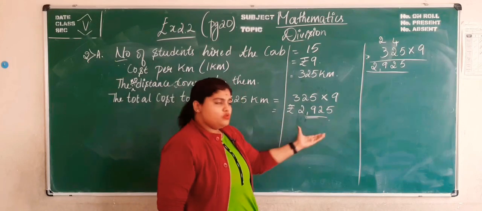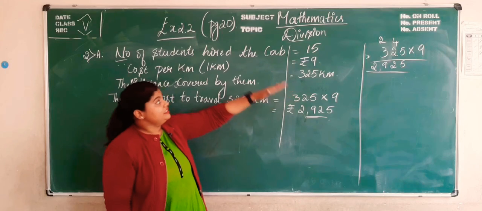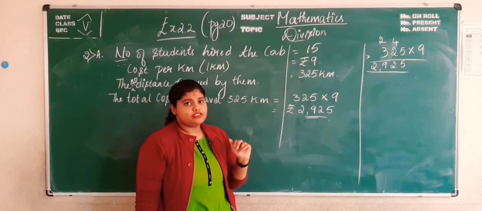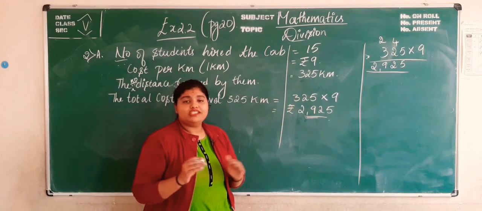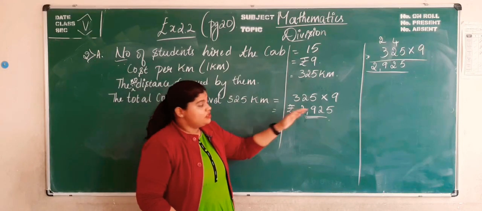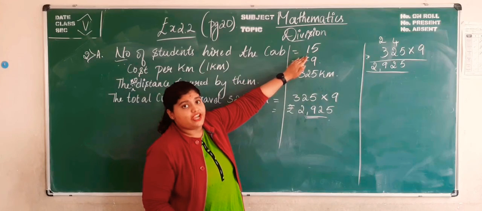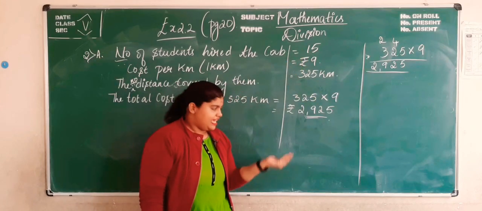Now using this information, can I find out what is the total amount to be shared by these 15 students? I leave it here. So now we want to know what is the total charge for traveling 325 kilometers. Can I find out the amount to be shared between 15 students? Yes, I can. So how should I?